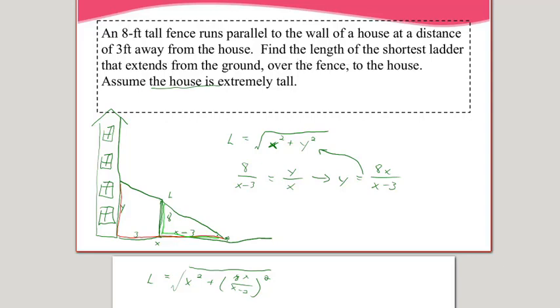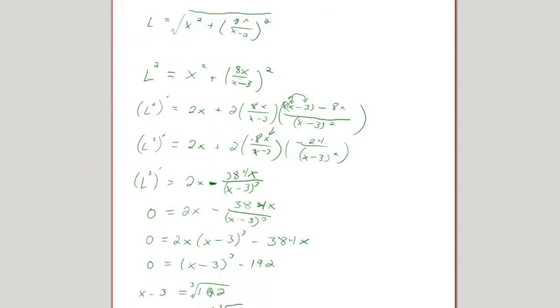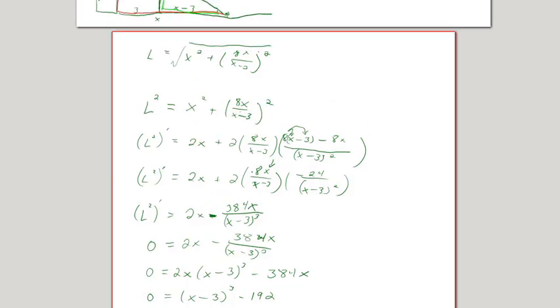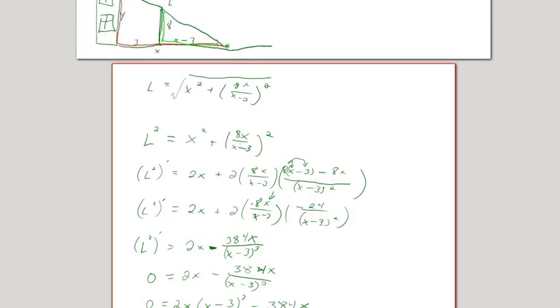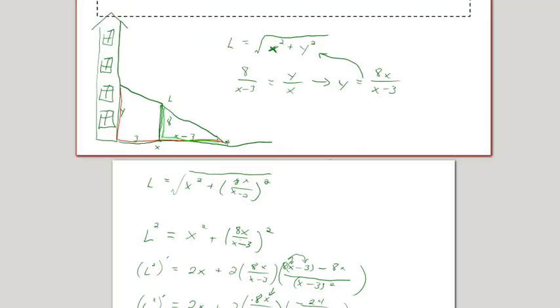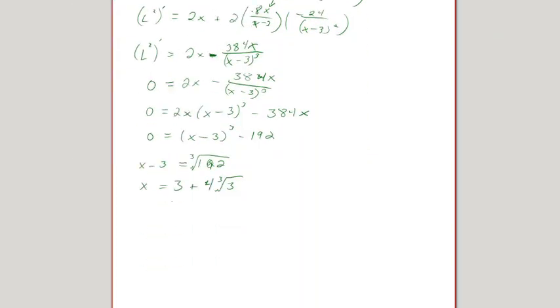I want to find the length of the ladder, though. So to do that, well, maybe I can find, not that I have to, I could plug x into this, so I'm kind of doing 2 steps where I could just do 1, but I know that this is my y, 8x over x minus 3.